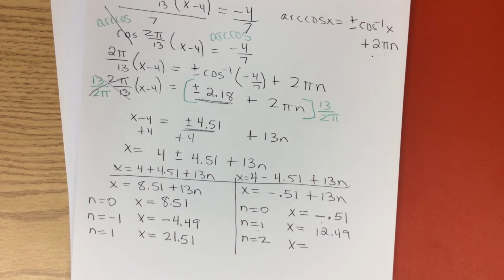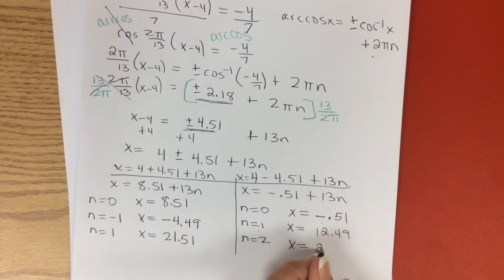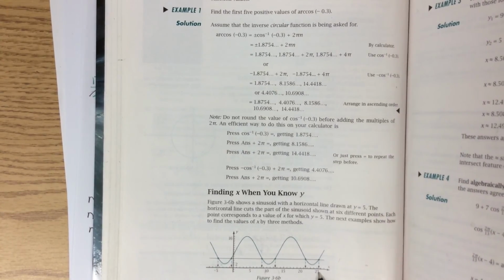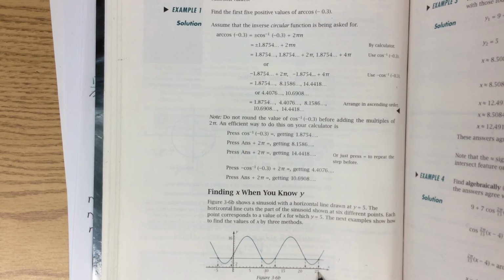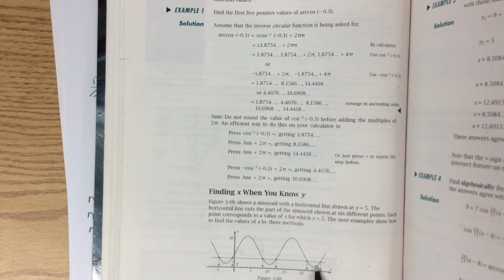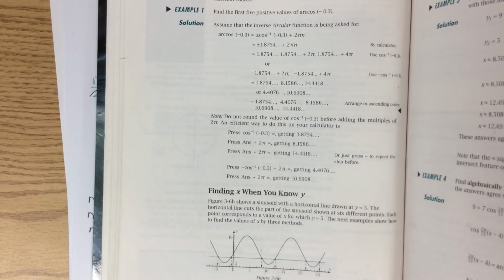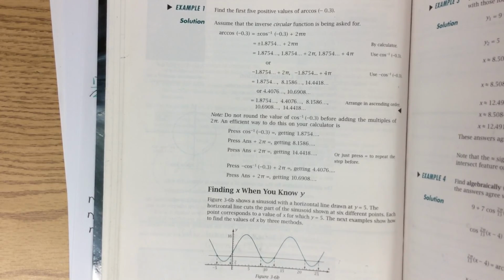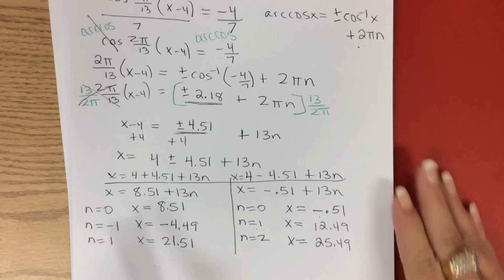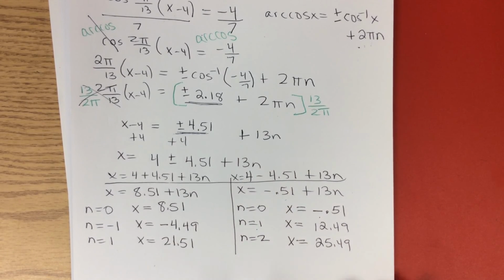And we get what? 25.49. And if you look at this graph, we estimated our last one at 25.5. So we found all 6 of the ones that we found graphically. Now we just proved it algebraically. Now, that's what algebraically looks like.